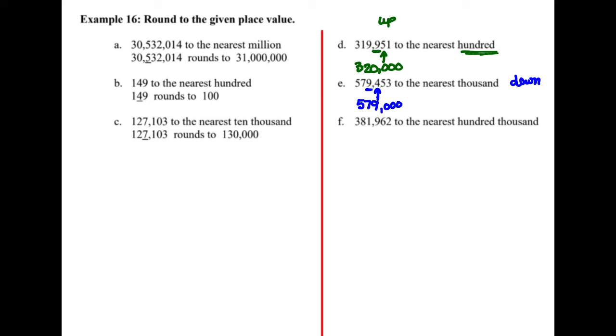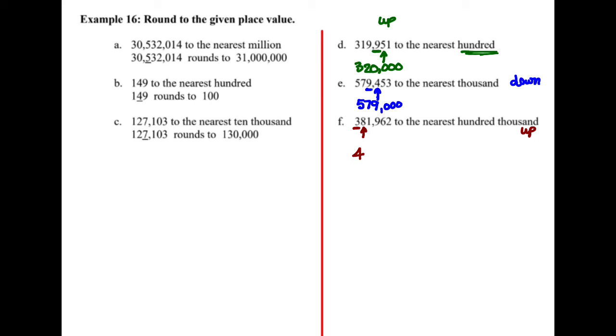And the last one here, F. Round this one to the nearest 100,000. So the number in the 100,000s place is the 3. So let's take a look at the 8. 8 is in the higher half of the numbers, so it's going to round up. So to do that, you add 1 to the underlined number.